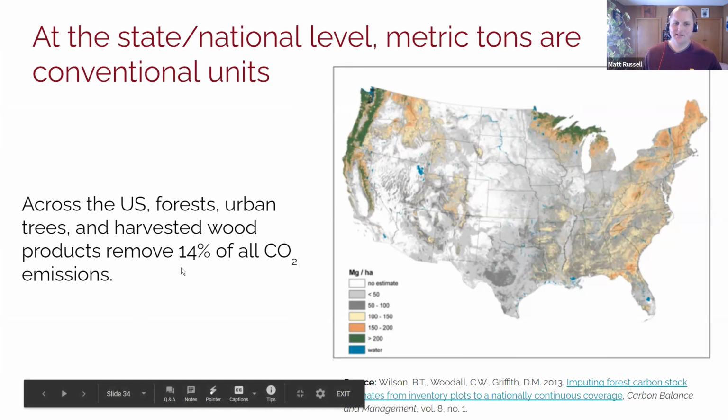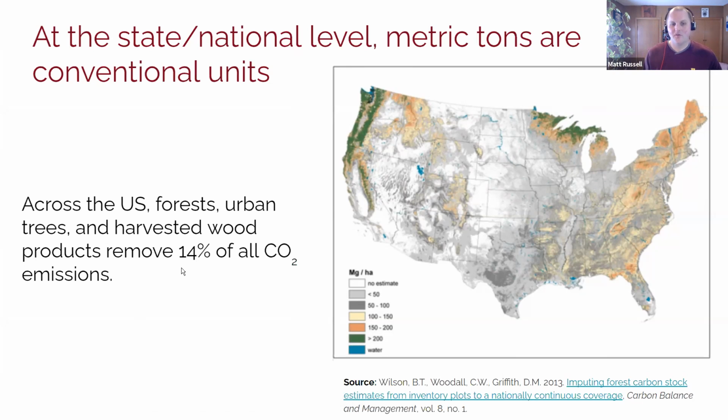Forests, urban trees, and harvested wood products remove about 14% of all the CO2 emissions that happen in the country in that year. That varies, especially by state. A lot of states that have lots of manufacturing, say a state like Michigan, that number is a bit lower, just because the more manufacturing, the more work forests have to do in that state to sequester emissions from those factories.